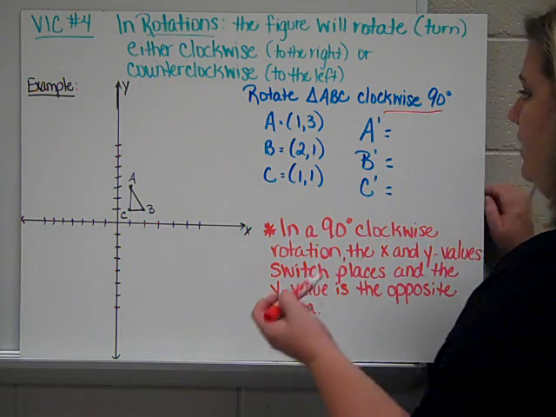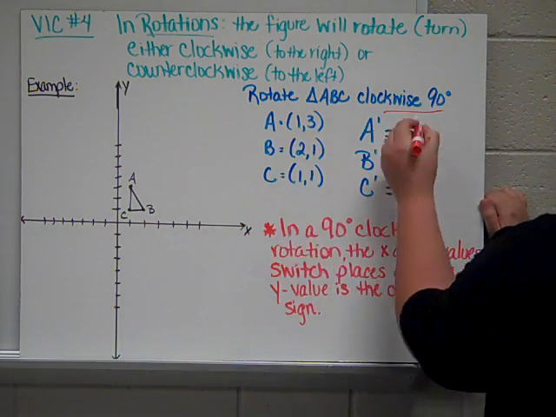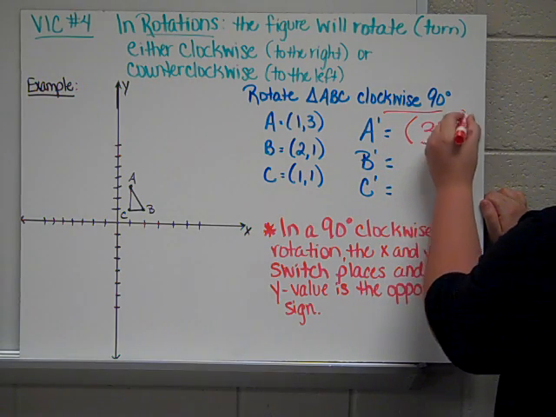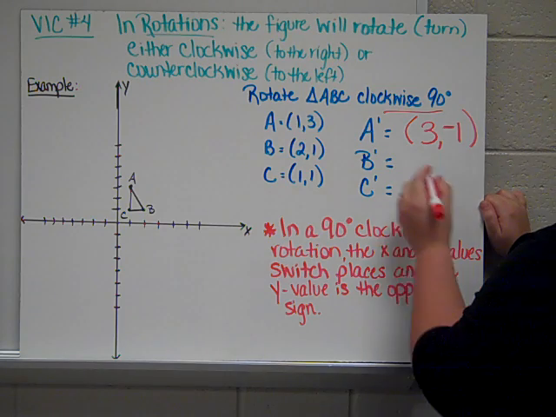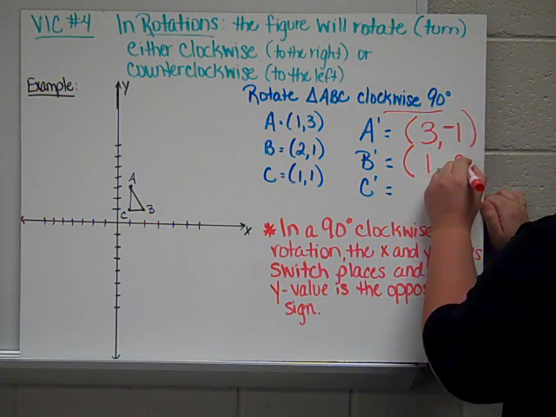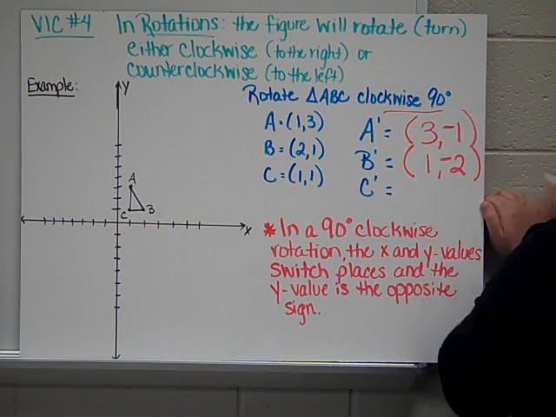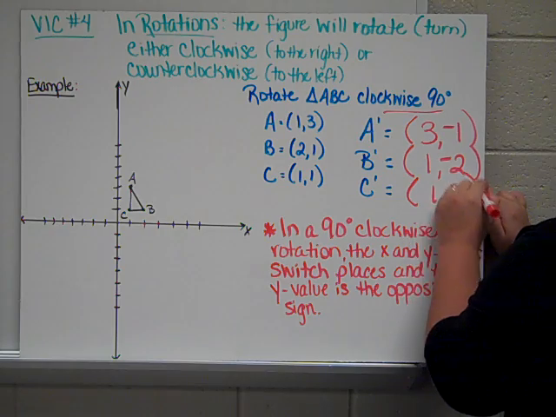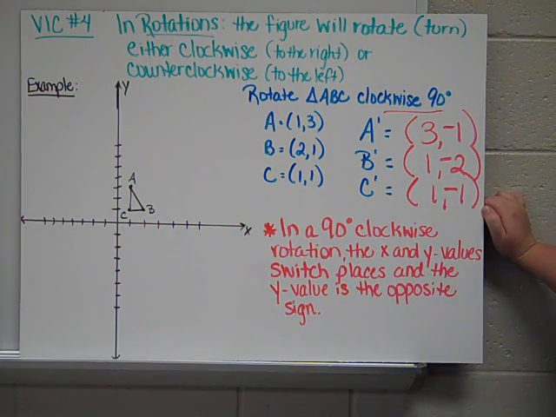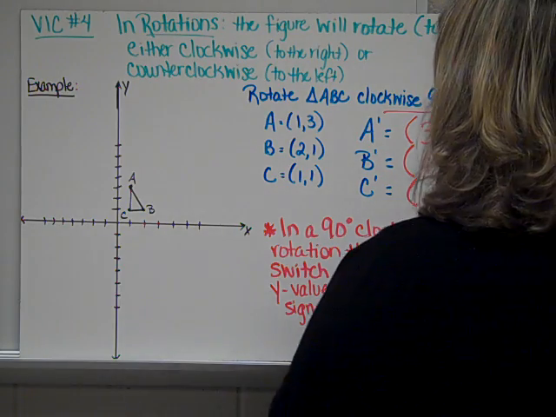So let's do A prime. We're going to switch them, so 3, 1, and then we're going to change the y value to the opposite sign. For B, switch them, y value, opposite sign. For C, switch them, opposite sign. Let's graph that.